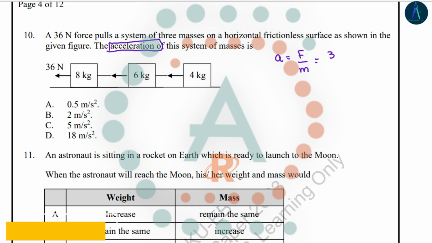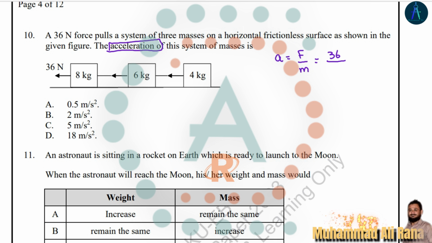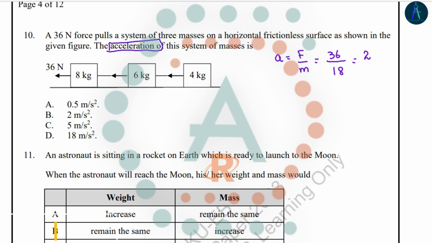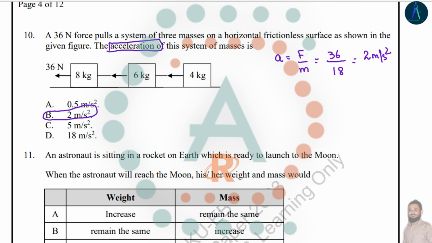So the force acting on the system is 36, and the total mass of the system is 8 plus 6 plus 4, that becomes 18. In this way, the acceleration of that system will become 2 meters per second square. So we can mark option B as the right answer.